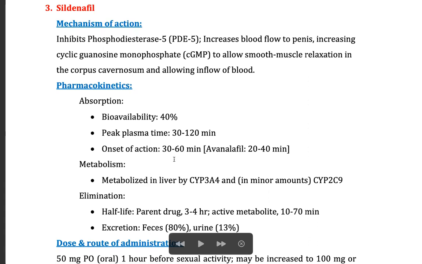Onset of action will start after a minimum of 30 minutes, because we know that the dissolution rate and the disintegration rate in the GIT are responsible for the onset of action. So a minimum of 30 minutes before sexual performance the person can take this tablet. For avanafil, generally a minimum of 20 minutes should be allowed before sexual intercourse.